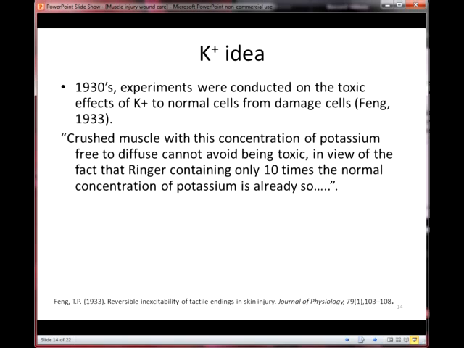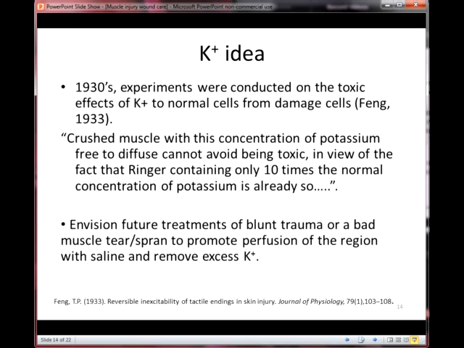So it's not anything that far-fetched. Any kind of ringer that has a potassium about 10 times that of normal can already cause cell damage. So I think getting rid of the potassium in a large muscle damage might be very beneficial. Maybe this could occur with perfusion. Okay, so that might be something that could be looked at and would be of interest.